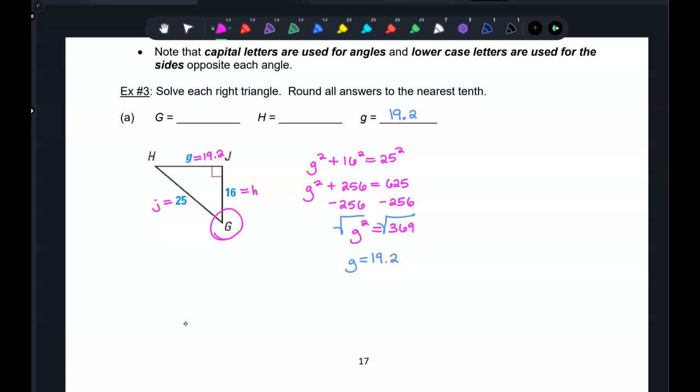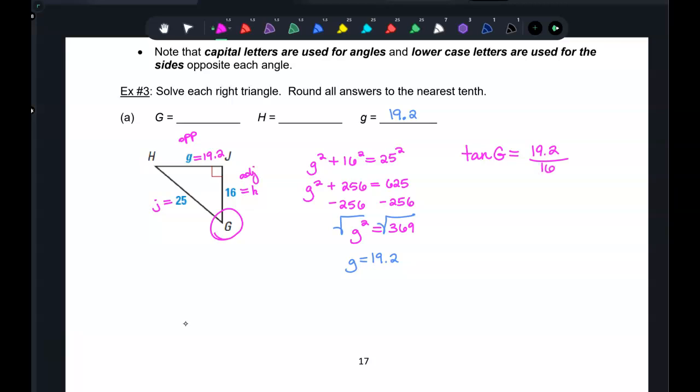If I do tangent of G, opposite would be 19.2, and adjacent would be 16.